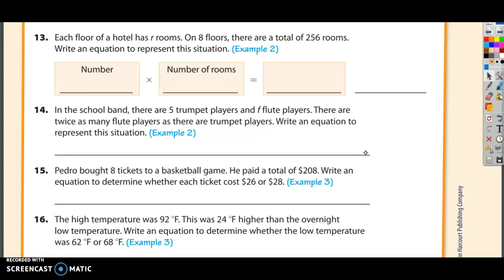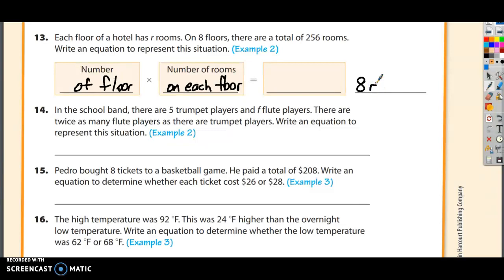Okay, so the number of rooms, it's the number of floors, which is going to be 8. That's going to be multiplied by the number of rooms on each floor. And the number of rooms on each floor is R.